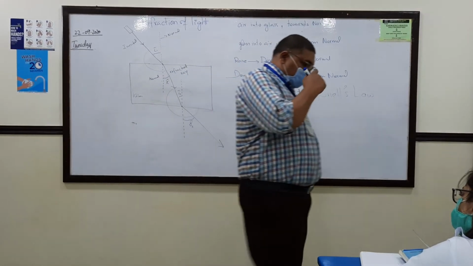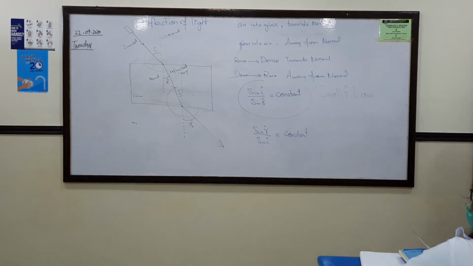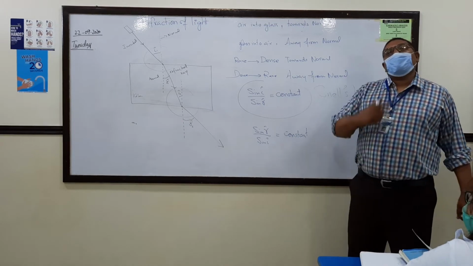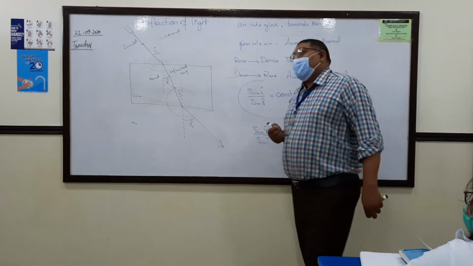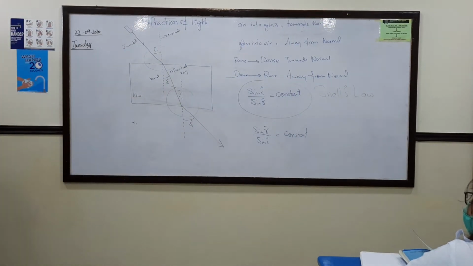Sometimes, when I am working on numericals, I use this formula and sometimes I use that formula. So the question is, in which situation will I use the first formula and in which situation the second formula?